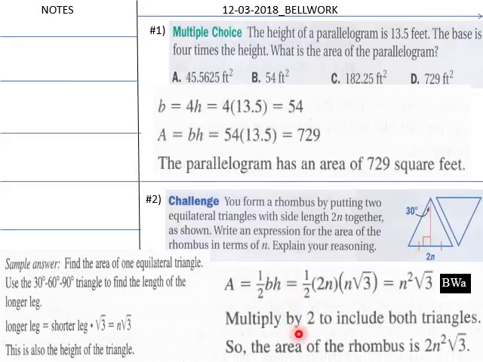And so the area is 1/2 base times height, so 1/2 of 2n times n times the square root of 3. We come up with n squared times the square root of 3, multiplied by 2 to include both triangles. So 2n squared times the square root of 3 would be the area of your rhombus, by chopping it up into two triangles here.